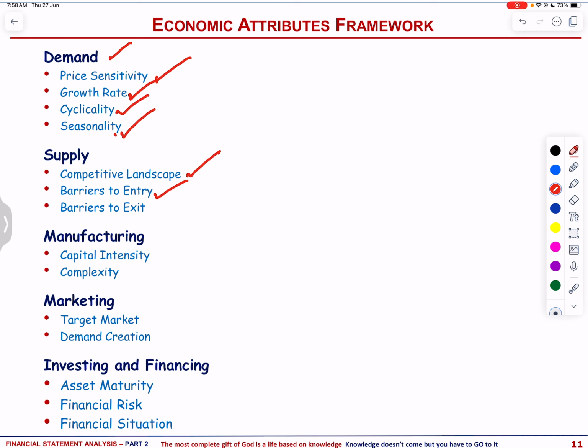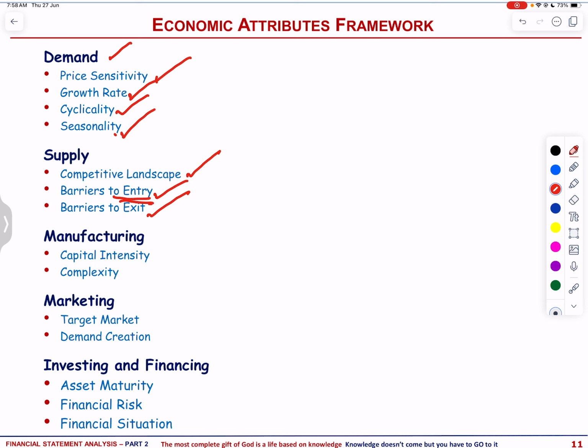Are there significant barriers preventing new entrants or can newcomers easily enter the market? Are there high costs to leave the market? Example, cleanup cost for mining, nuclear plants, or relatively low cost.